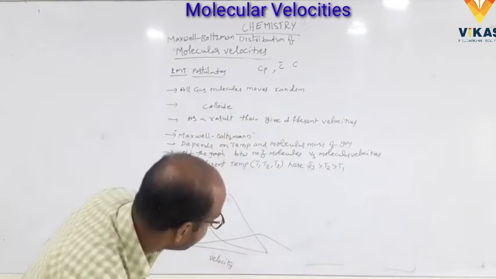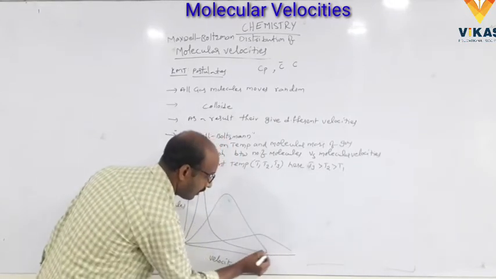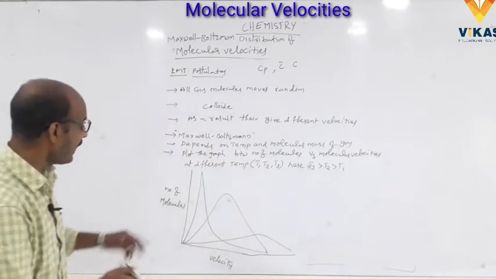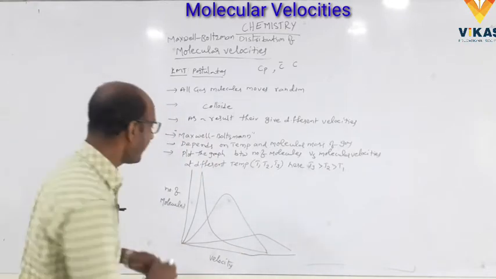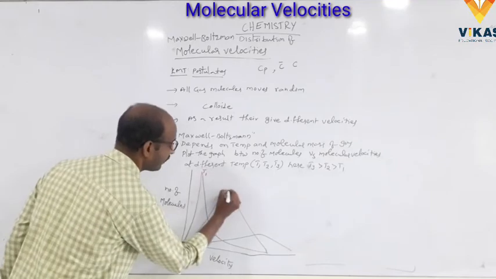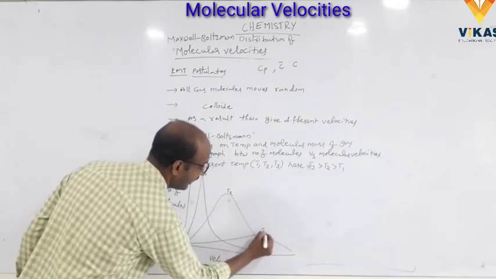Number of molecules versus velocity at different temperatures. This is T1 and T2, and this is T3.